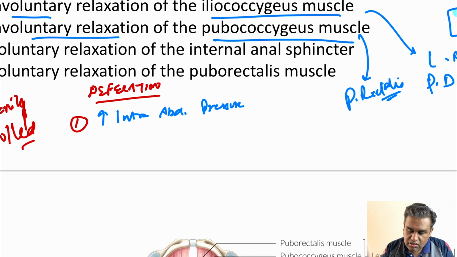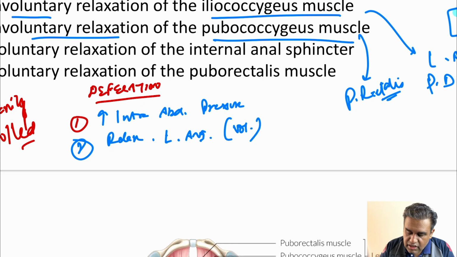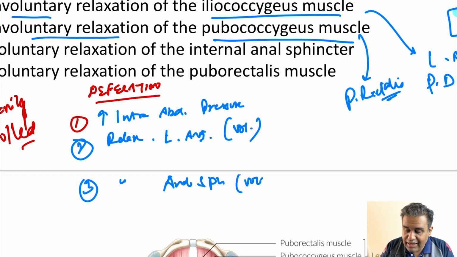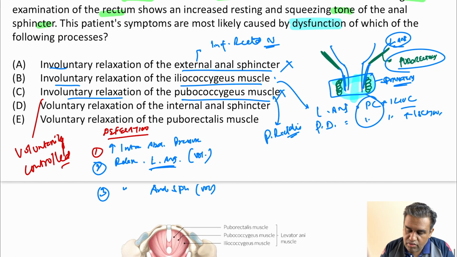Now, as the pressure goes down, you need to relax the levator ani muscle voluntarily. And simultaneously you also have to relax the anal sphincter, that is also voluntary. These sphincters and the pubococcygeus or the levator ani are voluntarily controlled. Now, if they say involuntary, it is wrong. It is all voluntary over here.